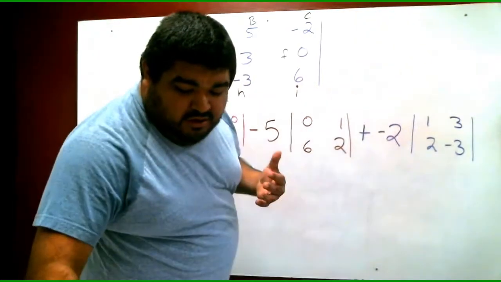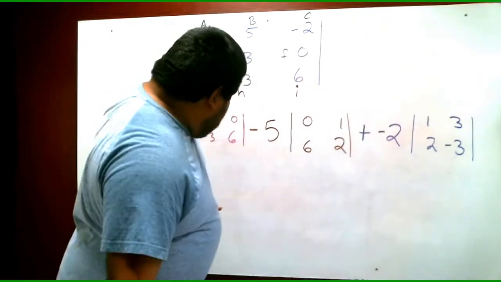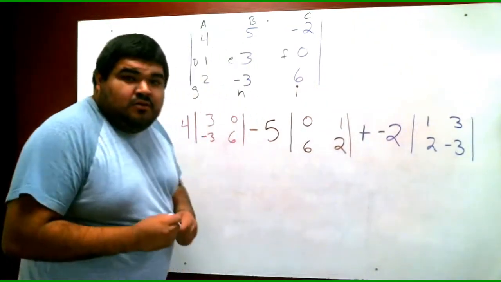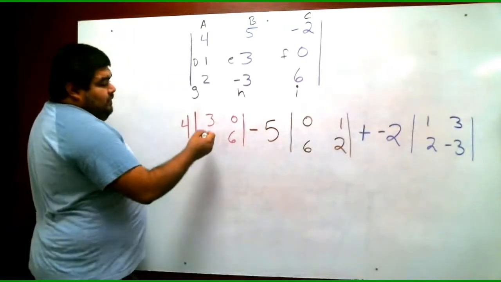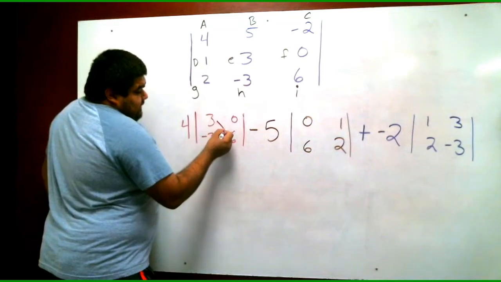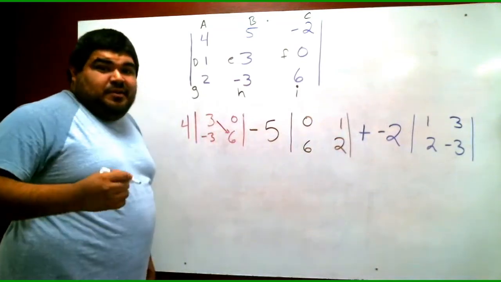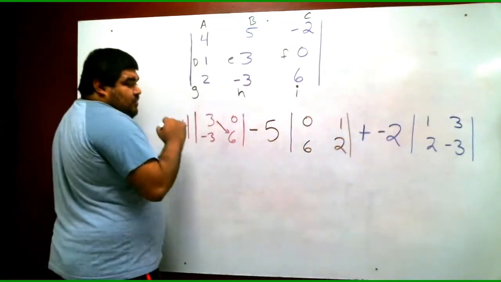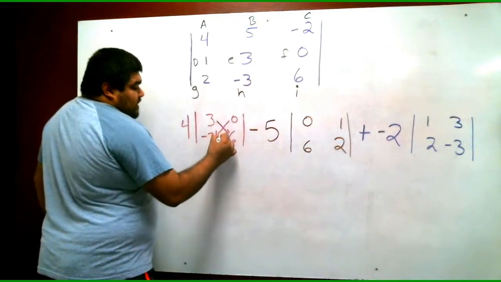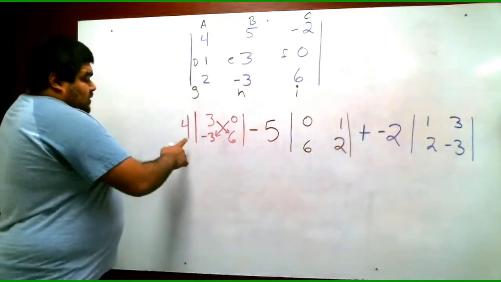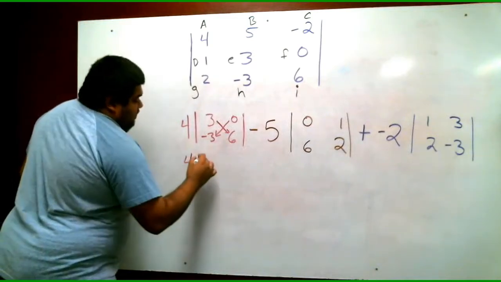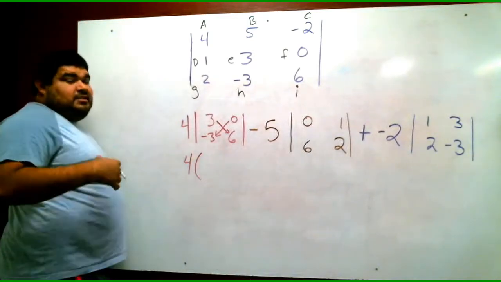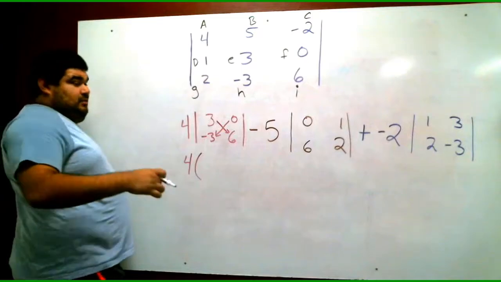The way we're going to solve it is what we did in the previous video: we multiply 3 times 6, and diagonally, we multiply 0 times -3. We keep the 4 in parentheses, because now we're going to get rid of the whole matrix, okay?